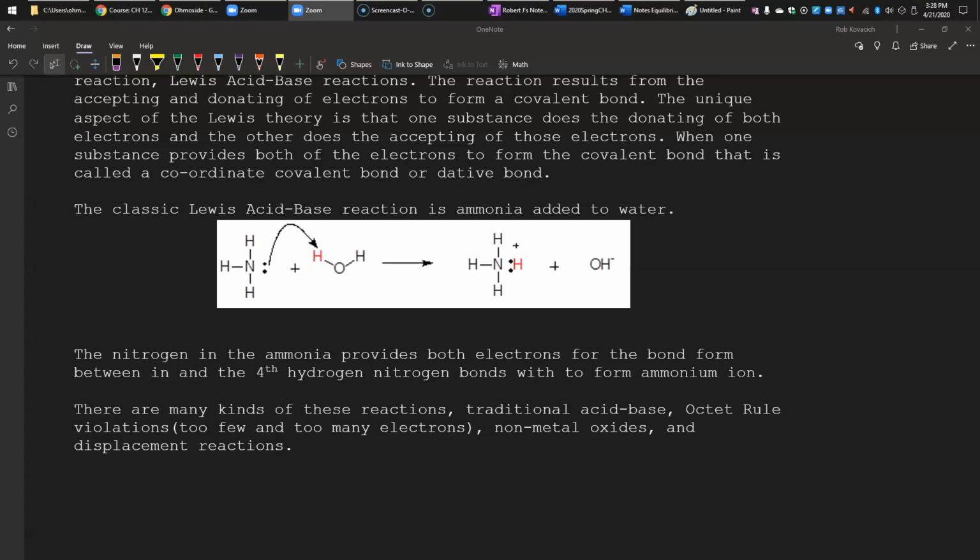Specifically, if you have a substance that donates both electrons, which nitrogens like to do, the name for that is either a coordinate bond or a dative bond. And we have that right here.